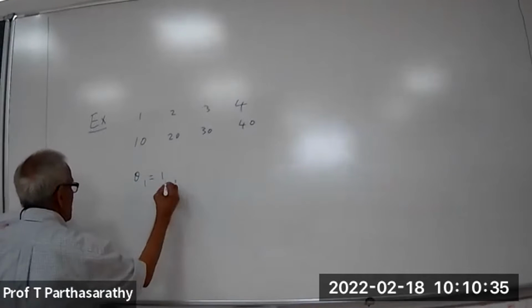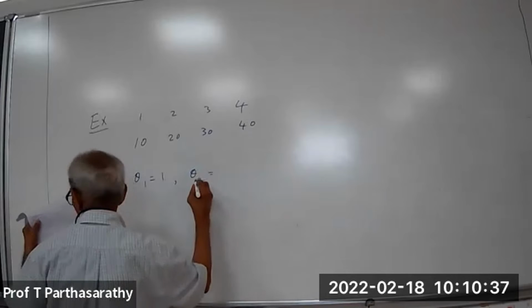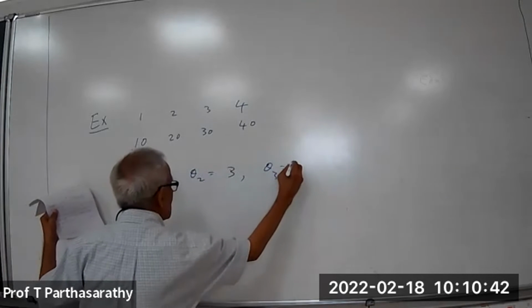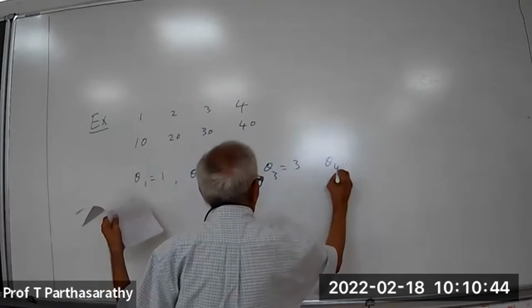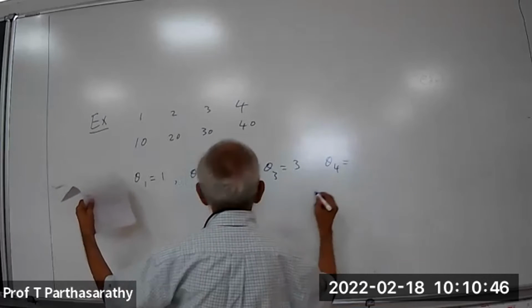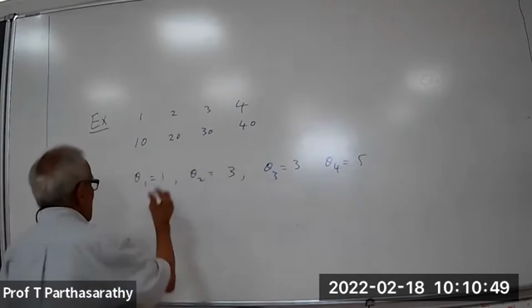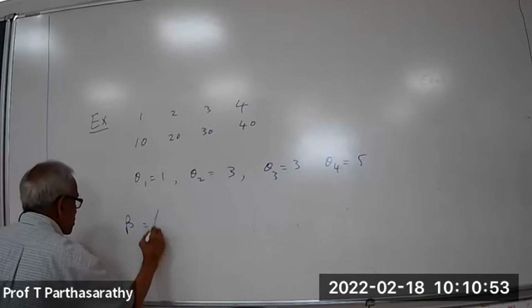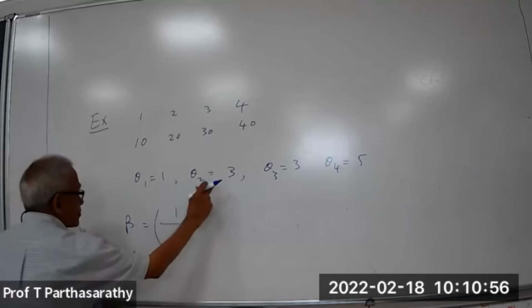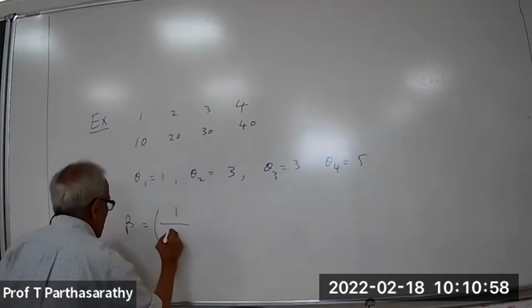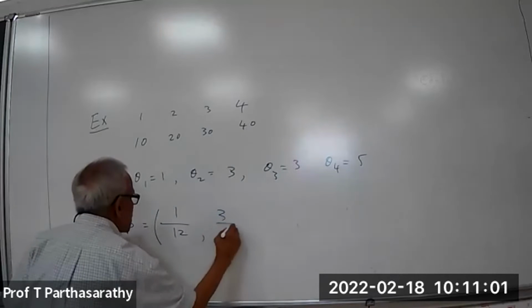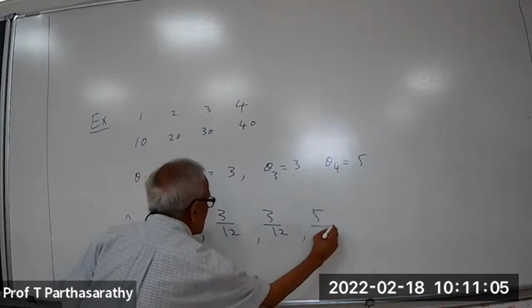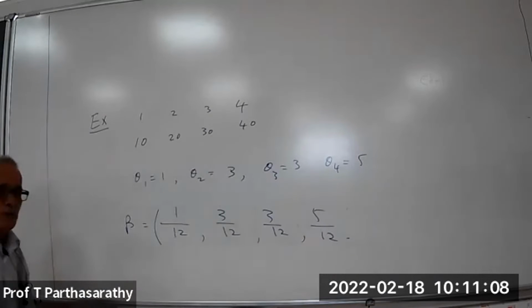Theta 1 is 1, theta 2 is 3, theta 3 is 3, theta 4 is 5. The index is the vector 1 by 12, 3 by 12, 3 by 12, 5 by 12, since 1 plus 3 plus 3 plus 5 is 12.